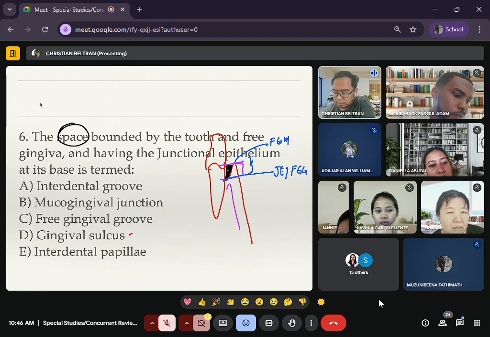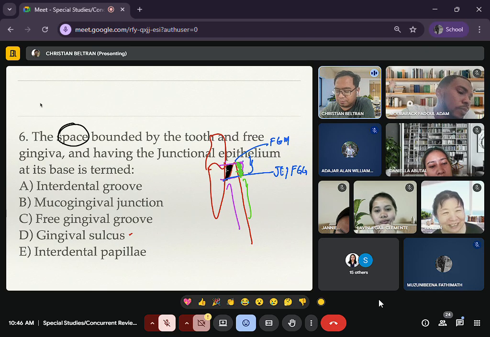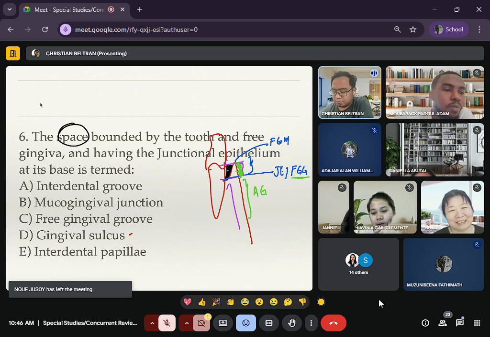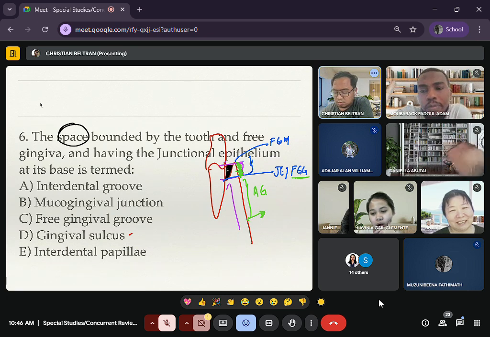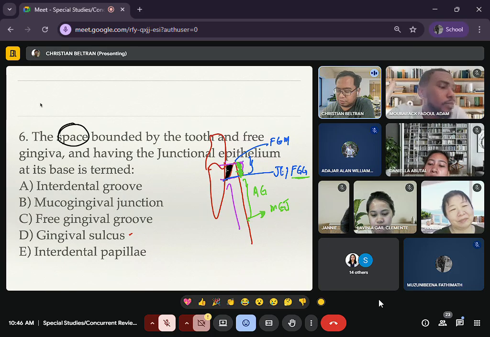That's the free gingiva. After your free gingival groove, you now have your attached gingiva. Your attached gingiva is bounded by your free gingival groove and what structure below? The mucogingival junction.